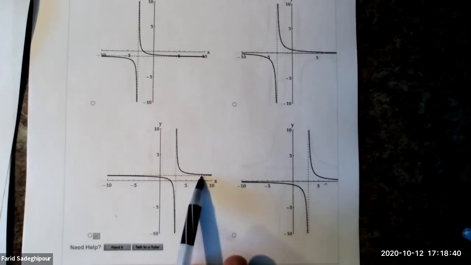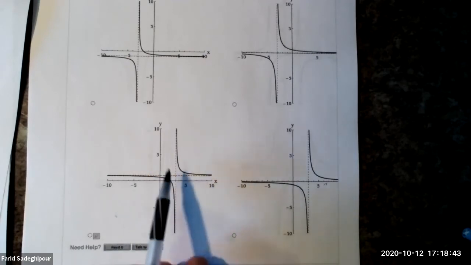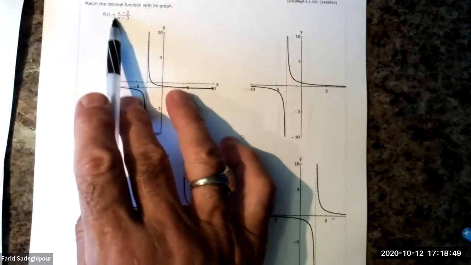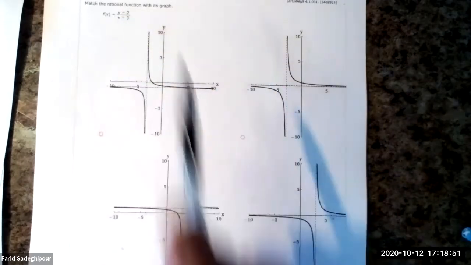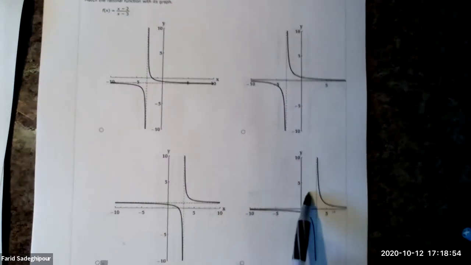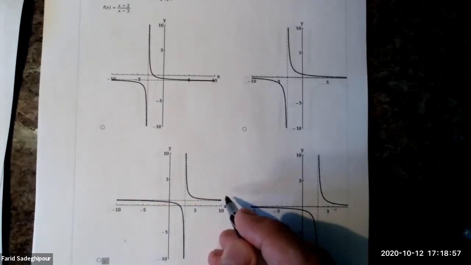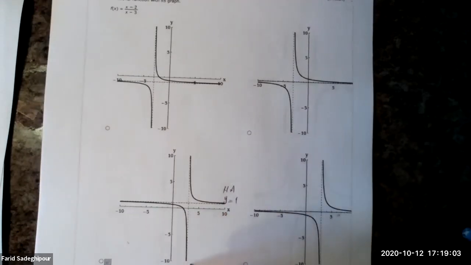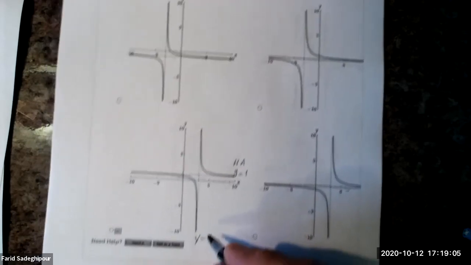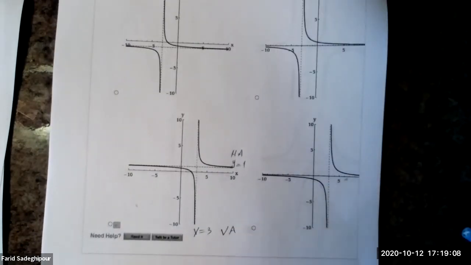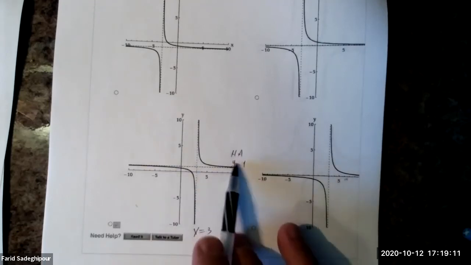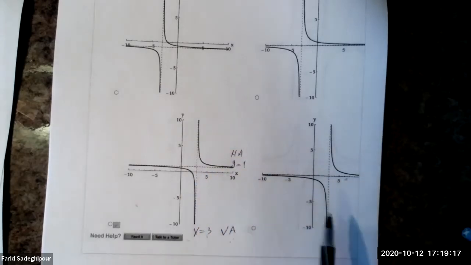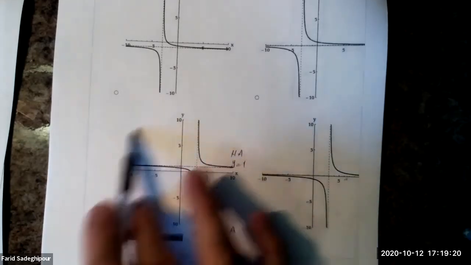To find the horizontal asymptote, the coefficient of x is 1, this is 1. So y equal 1 is the horizontal asymptote. But this one doesn't have a horizontal asymptote. So y equal 1 is the horizontal asymptote, and x equal 3 is the vertical asymptote. So this one has both vertical and horizontal asymptotes, this one doesn't. So this is the correct answer.